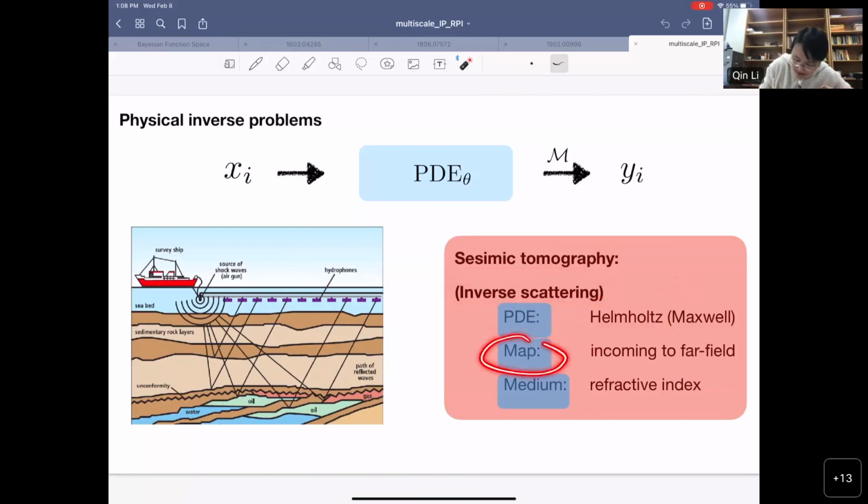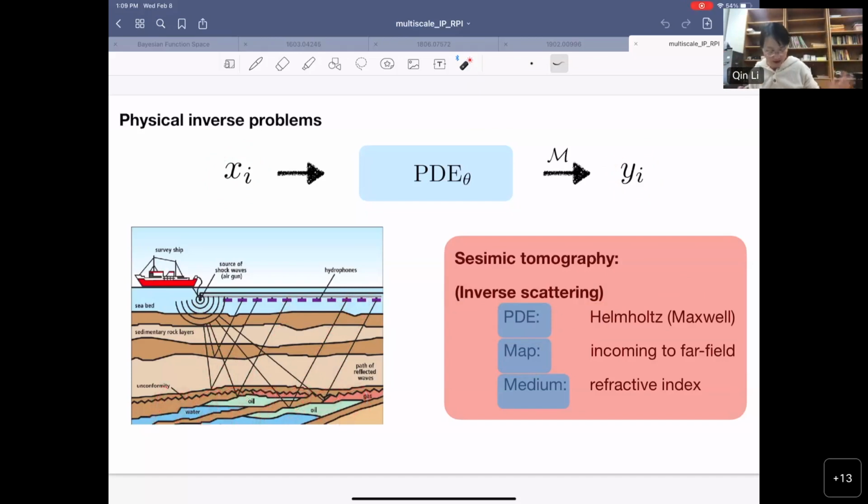The data that you can collect is the incoming wave information and the collected wave information. So you send some wave in and you collect some wave out, and using this incoming to outgoing wave information, you are trying to reconstruct the refractive index underneath the ground.